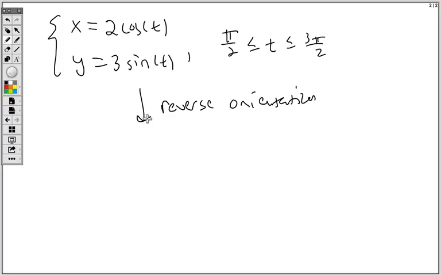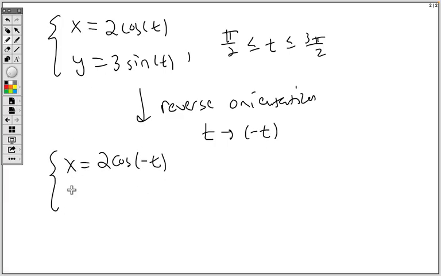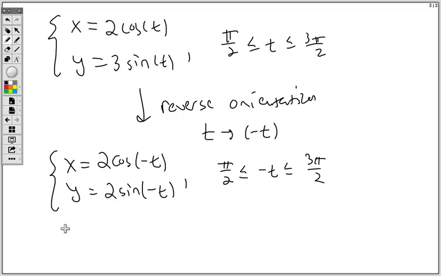So I'm going to replace t with the opposite of t. So I'd have x being 2 cosine of negative t, y is 3 sine of negative t, and negative t runs between pi over 2 and 3 pi over 2. And then I can simplify.